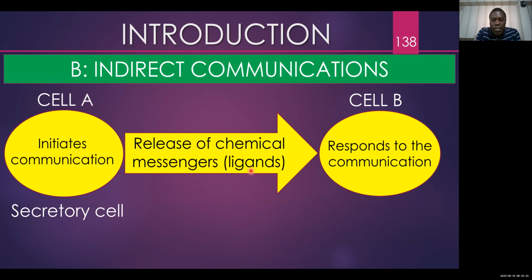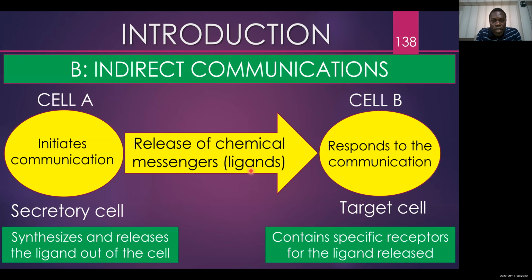On the other hand, the cell that responds to the chemical messengers which have been released is what we call the target cell. It is important, therefore, to note that the secretory cell is the one that synthesizes and releases the ligand.